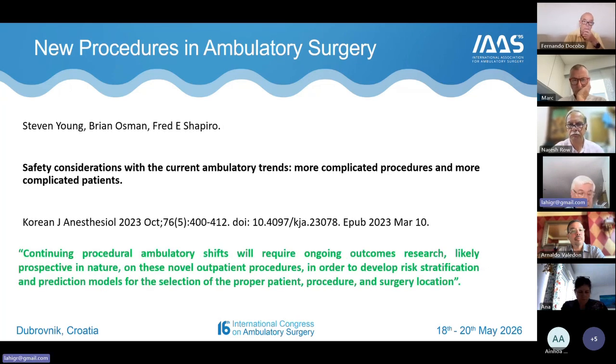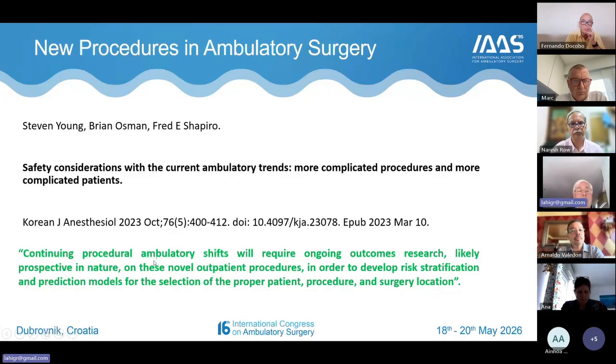To resume, let me show you a very nice article. I think its concepts are completely useful. Safety considerations with the current ambulatory trends: more complicated procedures and more complicated patients.